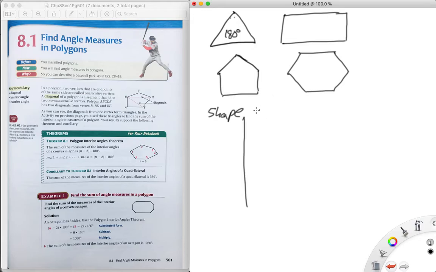We'll call this n number of sides. We call it angles, and sum of the angles.